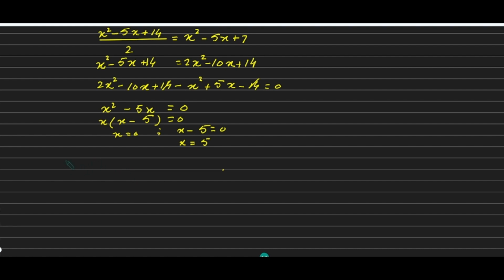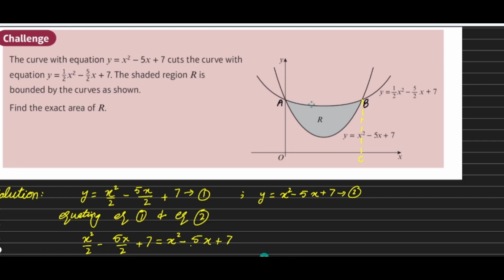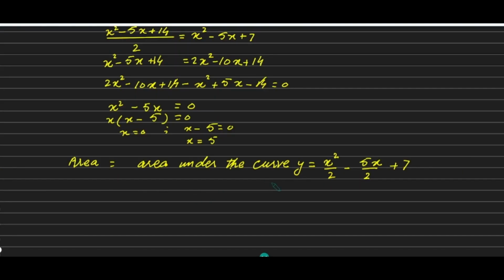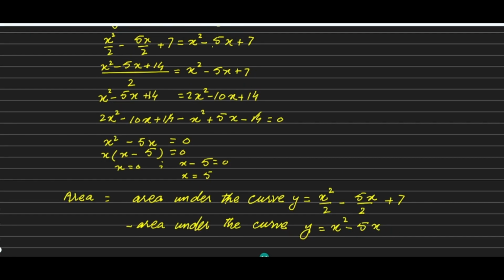Now the area will be the area under the curve. At first we write the curve that is above, y equals x squared by 2 minus 5x by 2 plus 7, minus the area under the curve y equals x squared minus 5x plus 7.